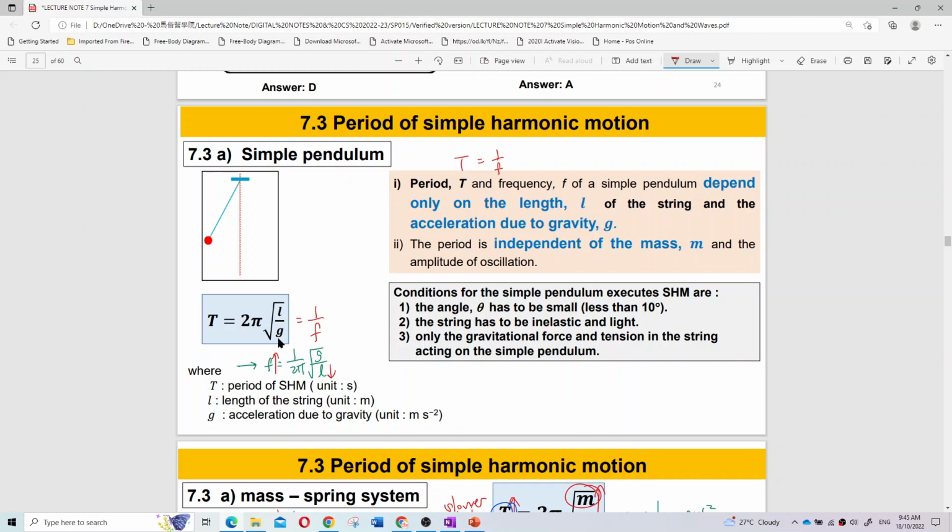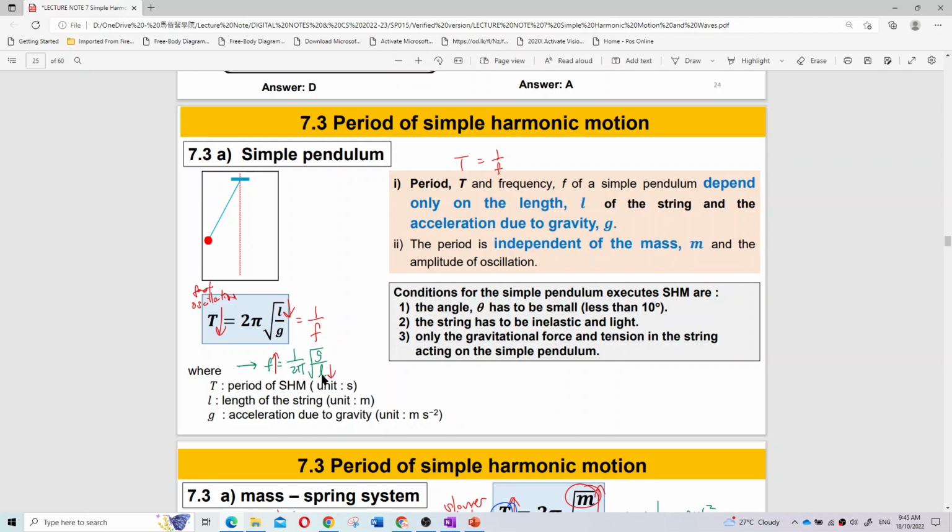So kalau pendek dia frekuensi tinggi. So dia punya period pun pendek, so dia cepat, dia fast oscillation. Understood? Yes, sir. Kalau pendek dia punya period rendah, so fast oscillation, frekuensi pun tinggi, begitulah.